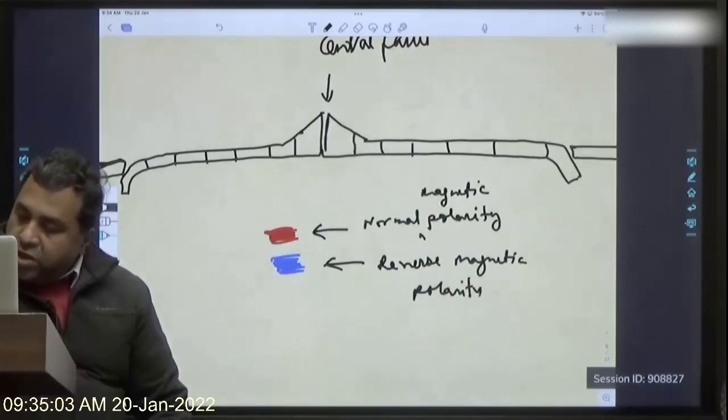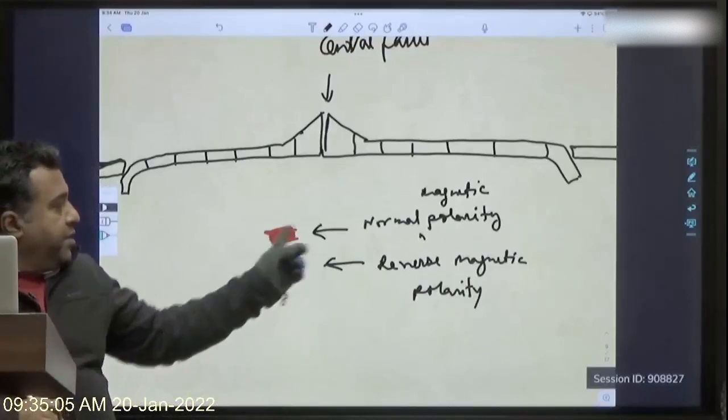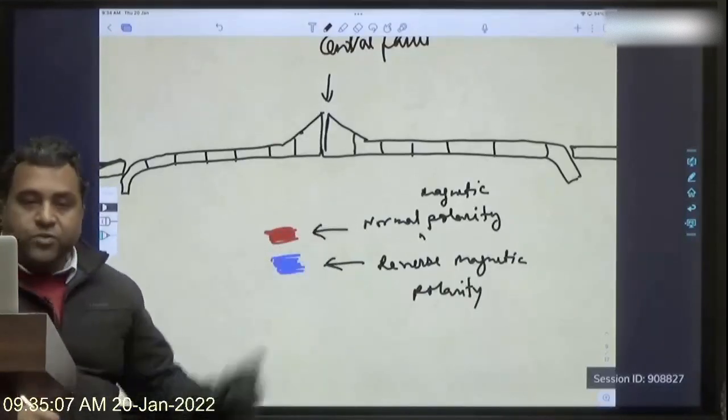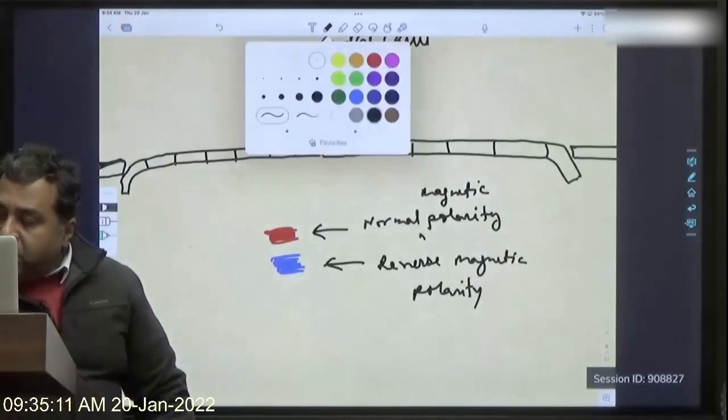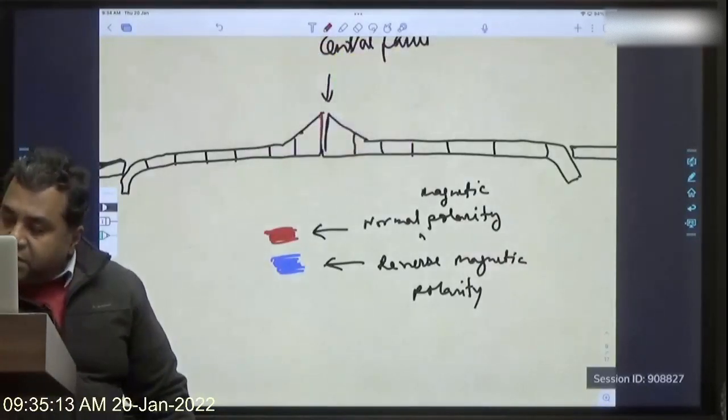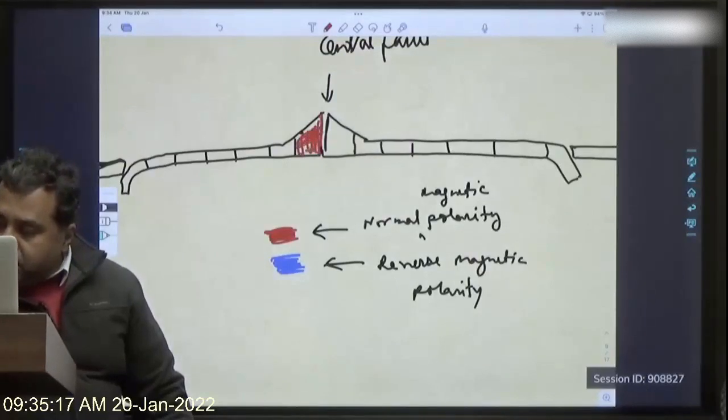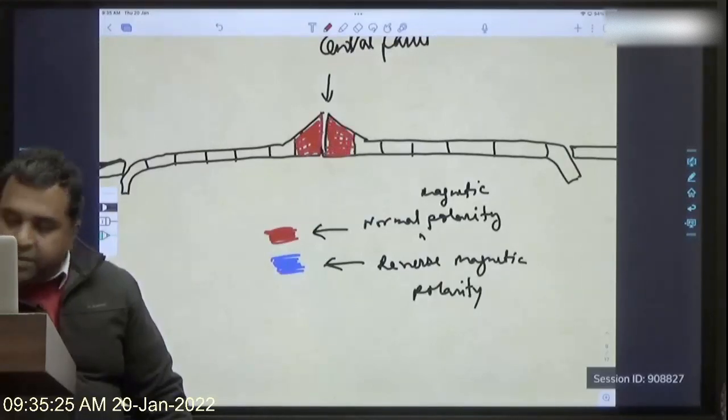So the blue color is reverse magnetic polarity, the red one is normal magnetic polarity. When we took the rocks from these regions, we found that the rocks near the central fault had the normal, present day magnetic polarity.